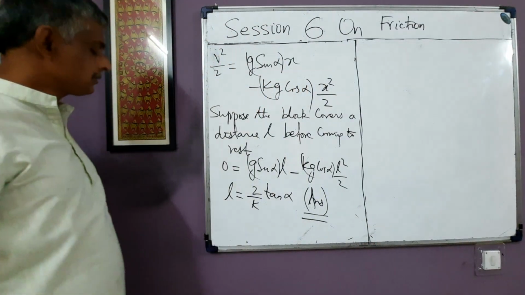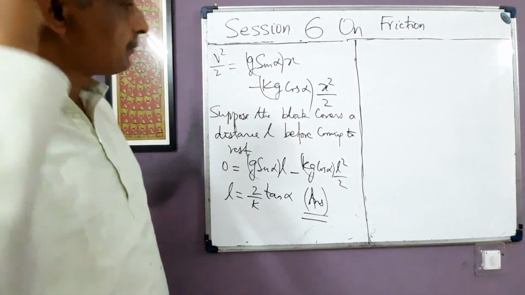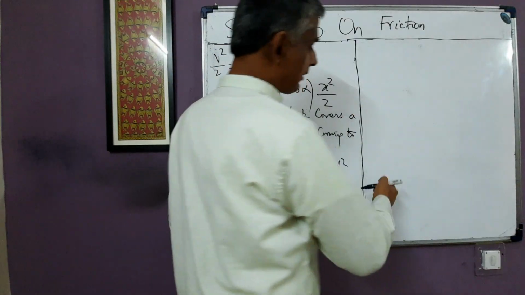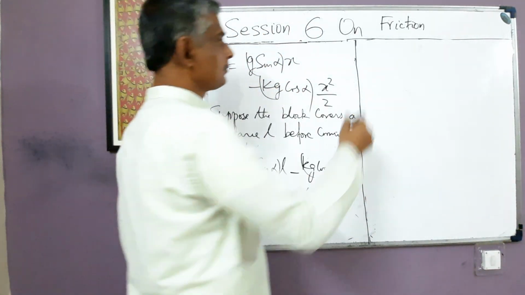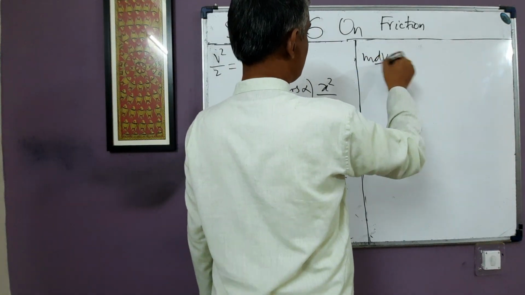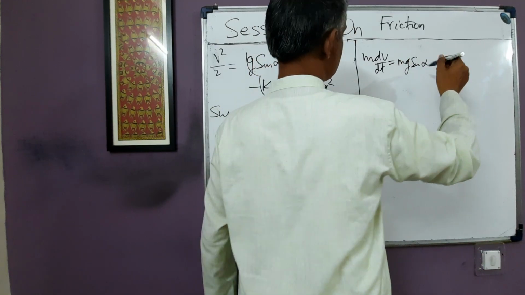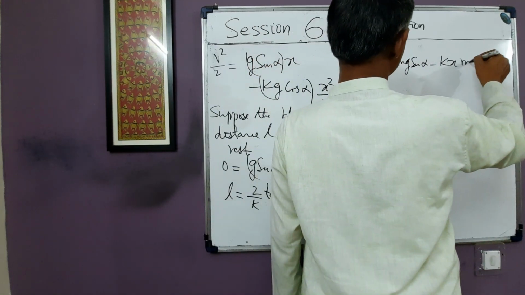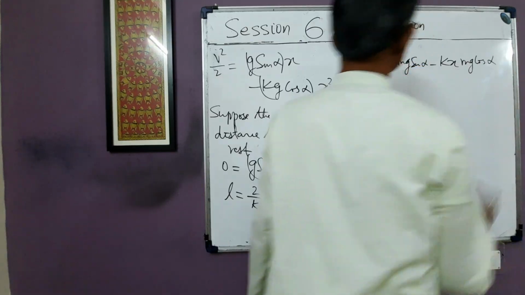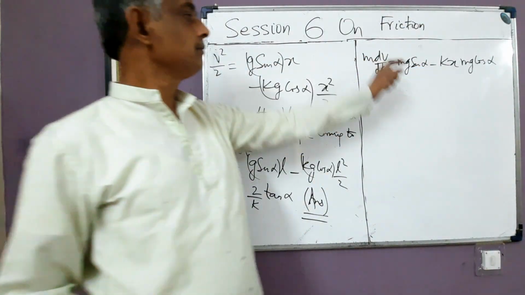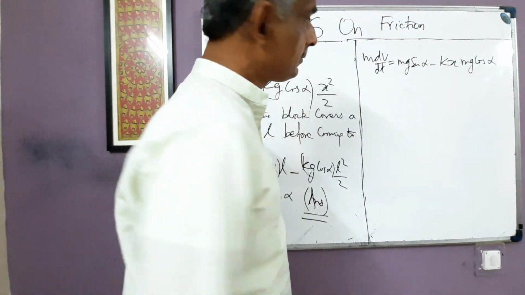Now the question is, at what value of x is v maximum? So I'll again rewrite the Newton's second law equation which I wrote just now. m dv by dt is equal to mg sin alpha minus kx mg cos alpha. Now see, when v is maximum, by the rule of calculus dv by dt is 0.